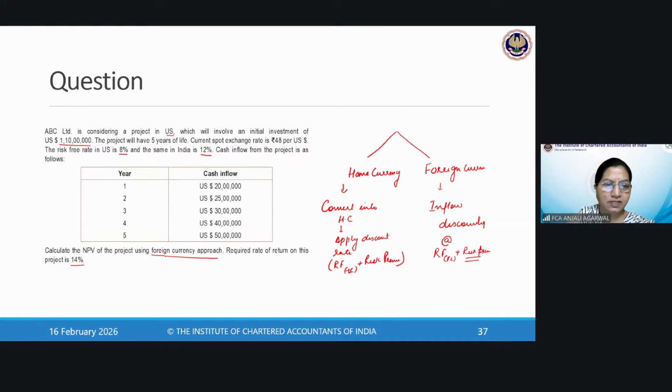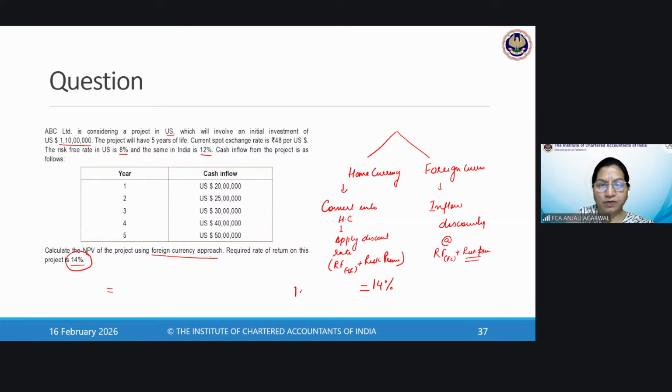Now this question is saying do it from the foreign currency approach, firstly. Secondly, the required rate of return on this project is 14%. So ABC is considering a project in US, whereas they want 14%. So the home currency requirement is 14%. And what is the risk-free return in India? It is 12%.